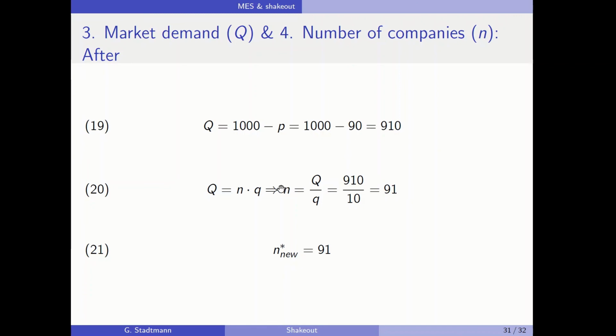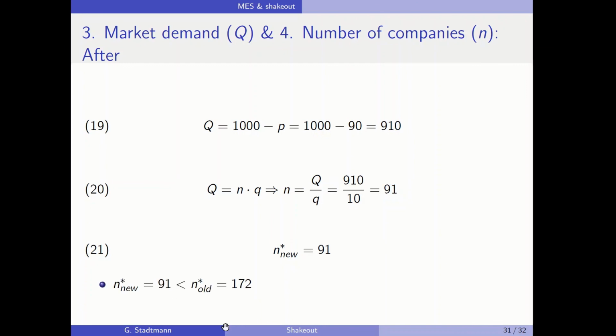The number of firms operating in this market is equal to the quantity supplied in the market divided by the quantity supplied by the individual firm. So the number of firms which are surviving this shakeout is equal to 910 divided by 10, which is equal to 91. So the new number of firms is equal to 91.